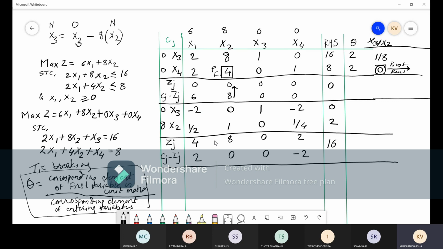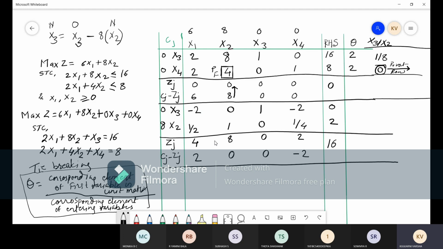See, every time you calculate Cj minus Zj, you will get 0 for the basis variables, the unit matrix variables. That means what? In the first iteration we had x3 and x4, so the value of Cj minus Zj for x3 and x4 will be 0, 0.